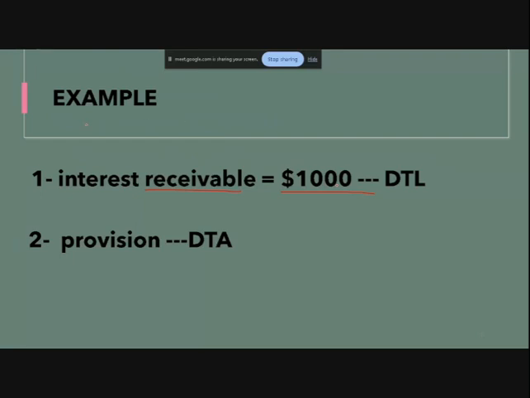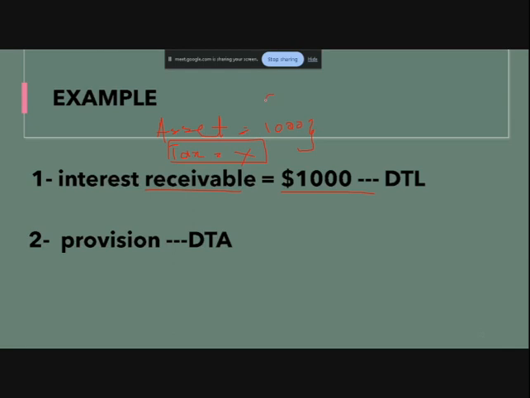So in our accounts, our asset will be $1,000, because we have something to receive. But in tax, there won't be any such amount. Understood? Because they are taxing on cash basis, we haven't received it yet, so there won't be any amount of $1,000 in tax. There's a difference of $1,000 here.